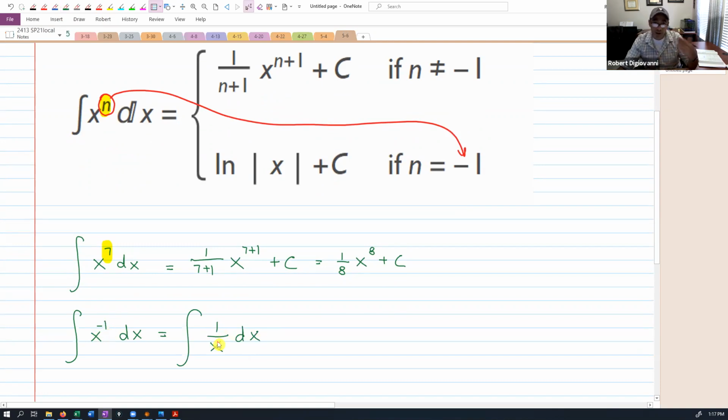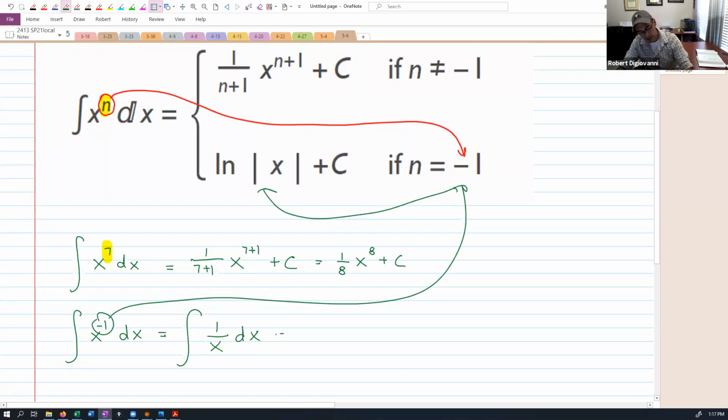And that's the special one you have to remember. So if that power is -1, then our answer is just natural log of x. This has an absolute value of x. Don't worry about it. If you just put natural log of x, I'll be happy right now. In Cal 2, eventually they'll tell you that you need the absolute value around it.